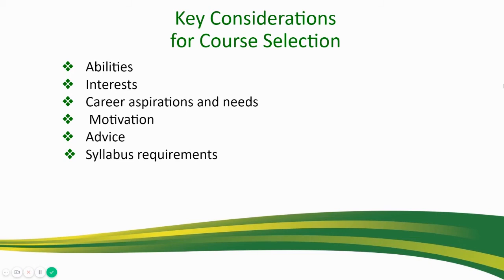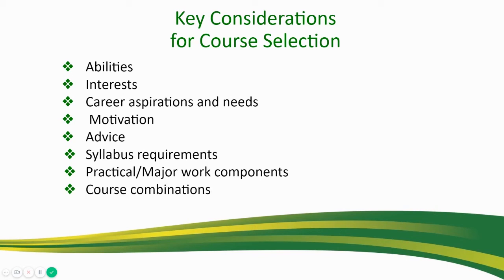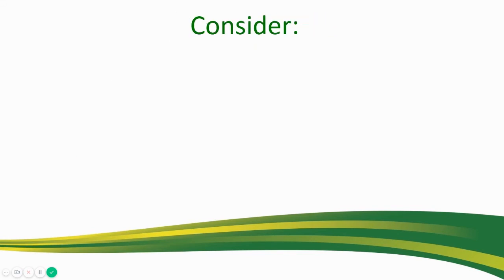In particular subjects, what are the syllabus requirements that are going to be required of me during the 2 years I'm studying the course? Think about the practical or major work components of some of those subjects. When you've got a draft list of your subjects, look at the course combinations. Are they going to work for you?